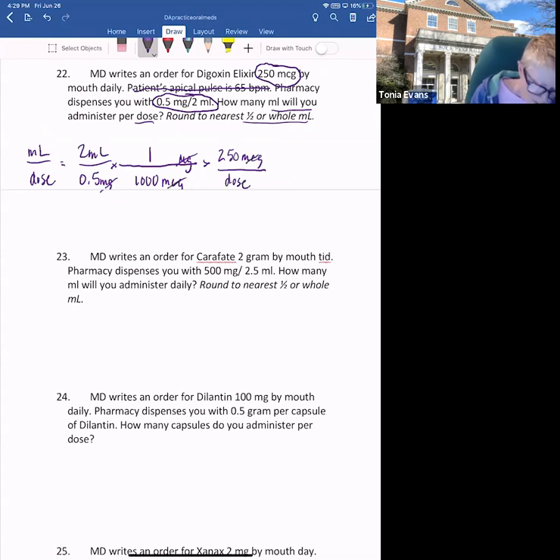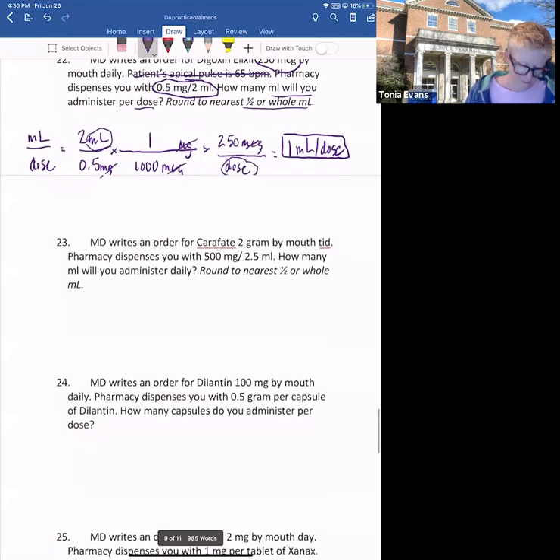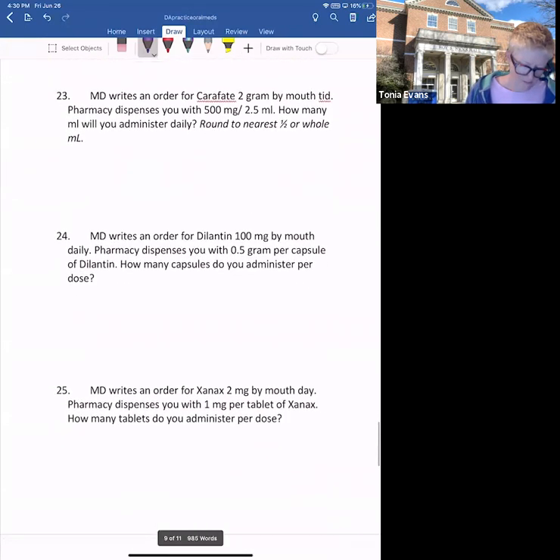So that cancels out my micrograms. I'm left with milliliters per dose. That's what I'm looking for. So we'll say 2 times 250 divided by 0.5 divided by 1,000 equals 1 ml per dose. Okay. Pretty straightforward there.